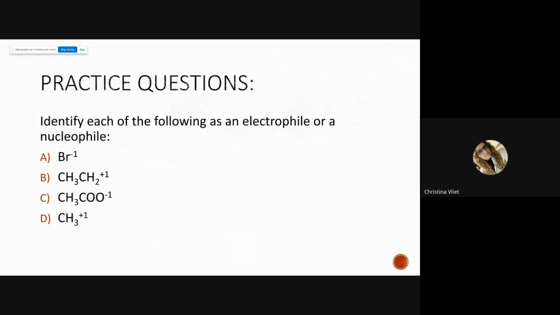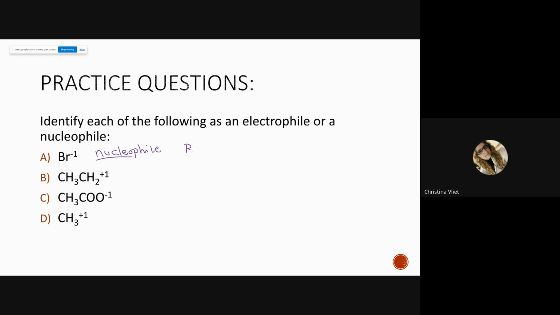So before we get to the mechanism, can you identify if each of these would be best called an electrophile or a nucleophile? Electrophile. A. Which one? Nucleophile. Remember, the thing you got to keep in mind here is if something loves the nucleus, looks positive, it itself is negative.